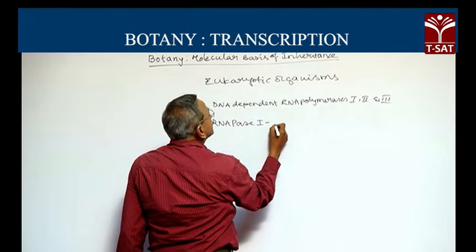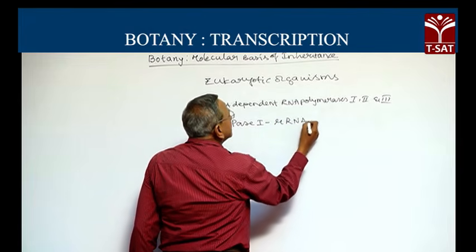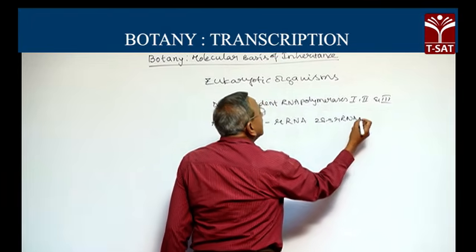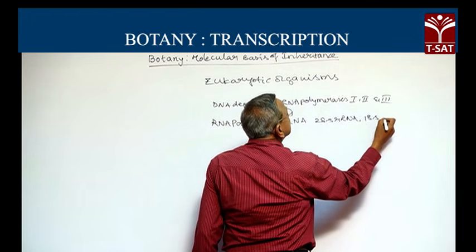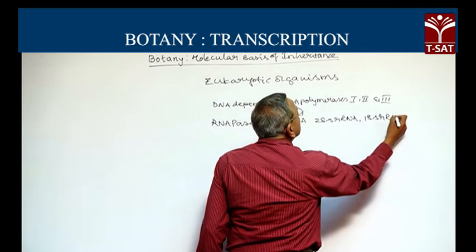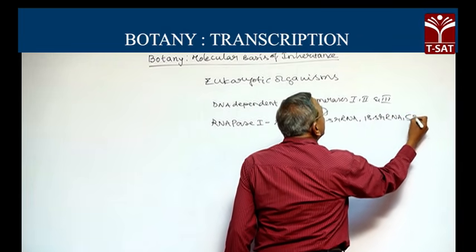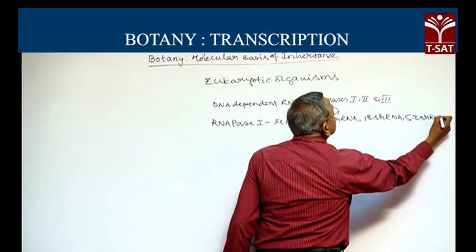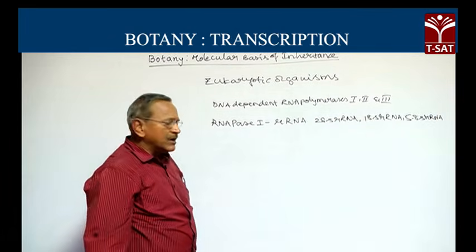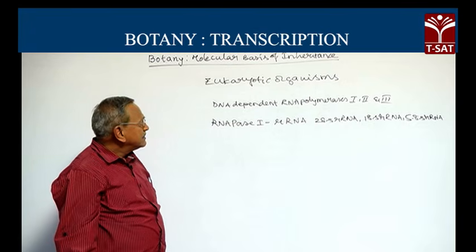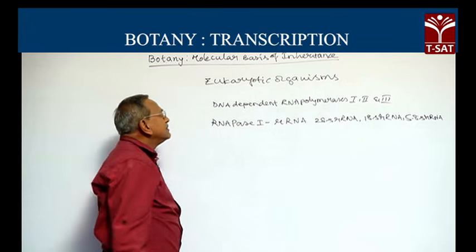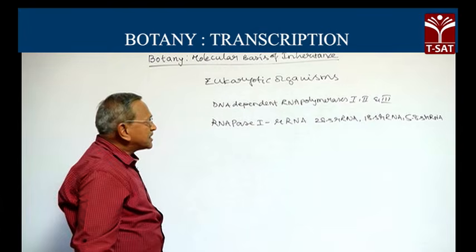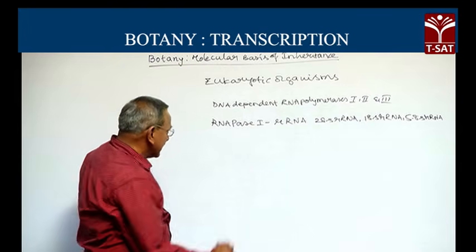It mainly transcribes for rRNA. You have 28S rRNA and 18S rRNA and also 5.8S rRNA. So, there is a division of labor in RNA polymerases. RNA polymerase 1 transcribes for rRNA.